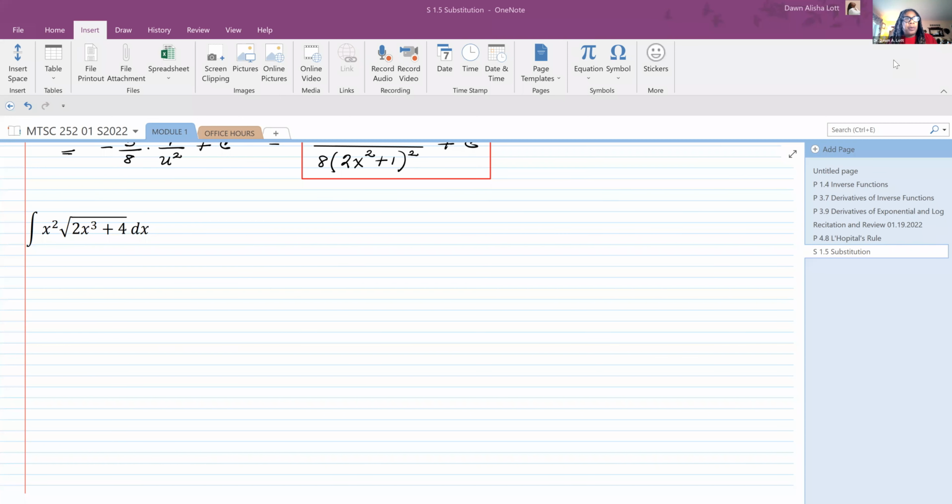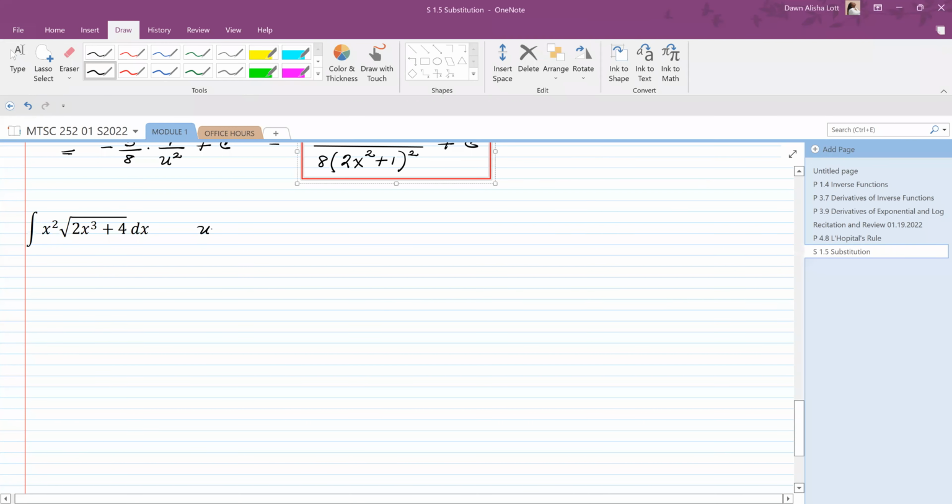All right, where are we on this problem? Who wants to walk us through it? Celine. Okay, go ahead. The u would be 2x to the third power plus 4. And then the du would be 6x to the second power.